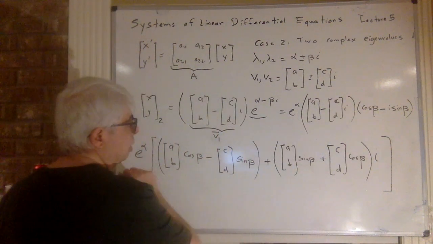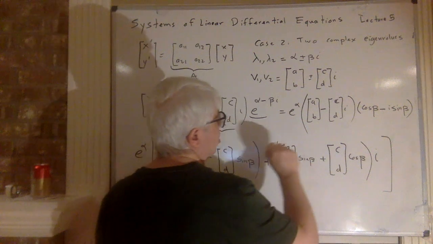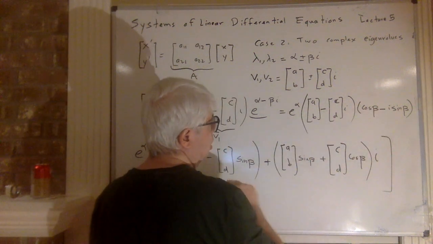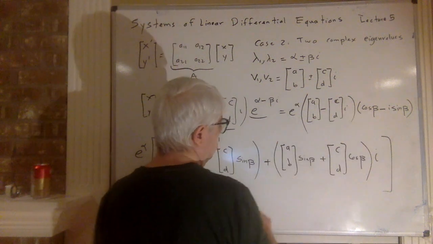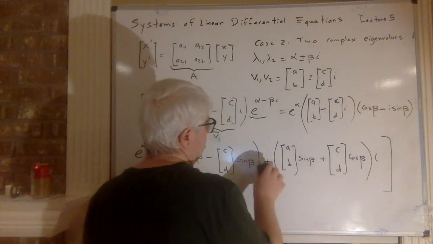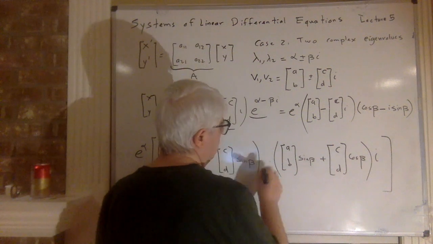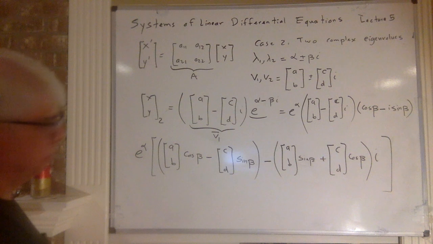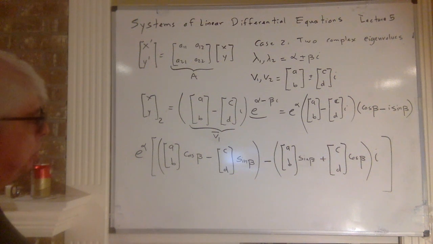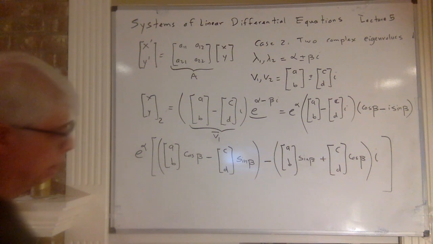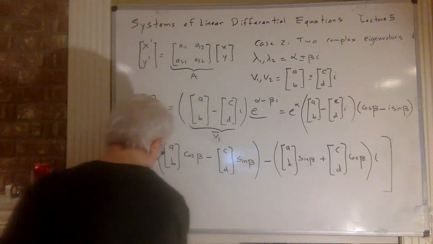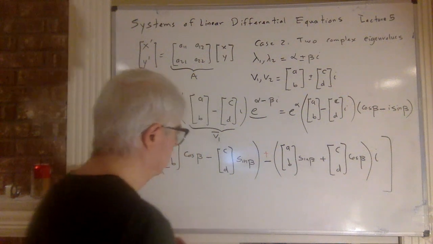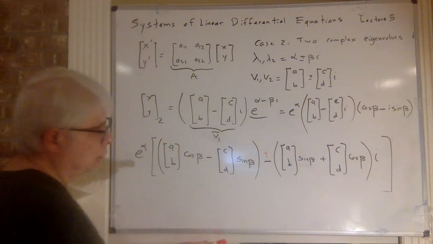Then the i's: this one times this one is here, this one times this one is here, but both of them are negative, so I just get the negative here. So this is the second one. As you see, the difference between this one and the first one is simply right here, plus minus. The first one was plus, the second one is minus.